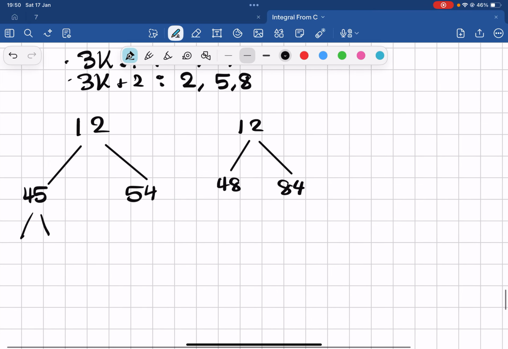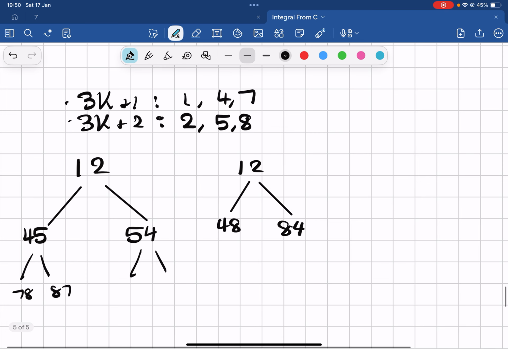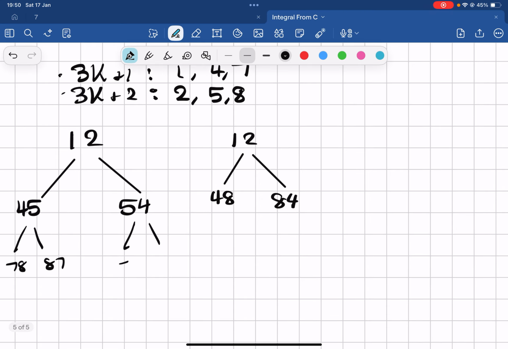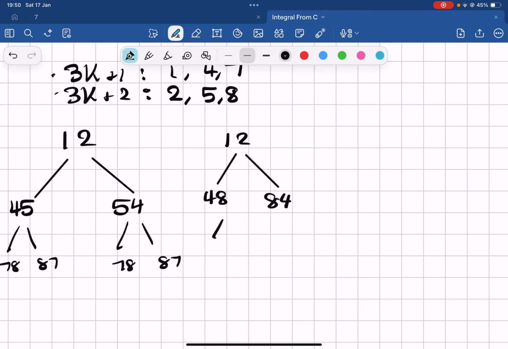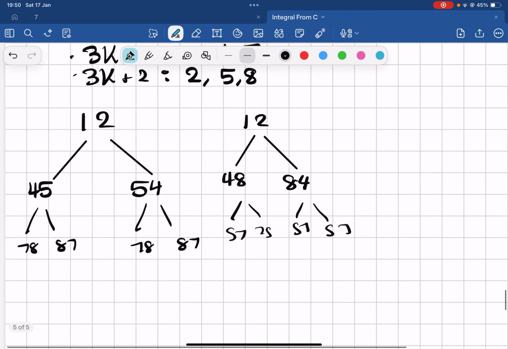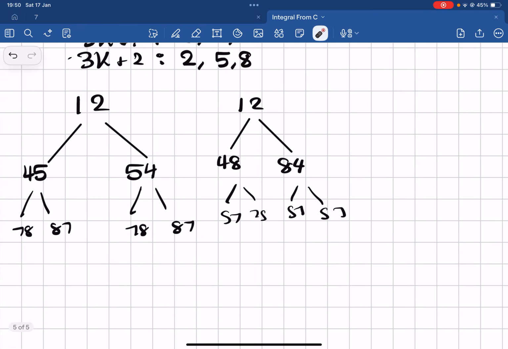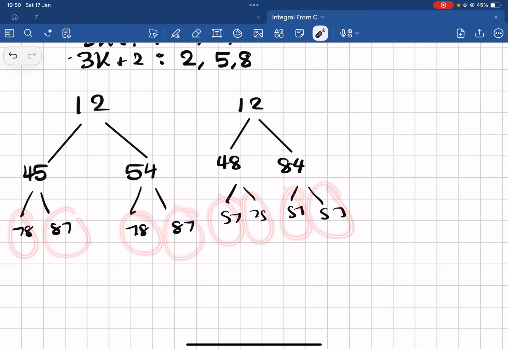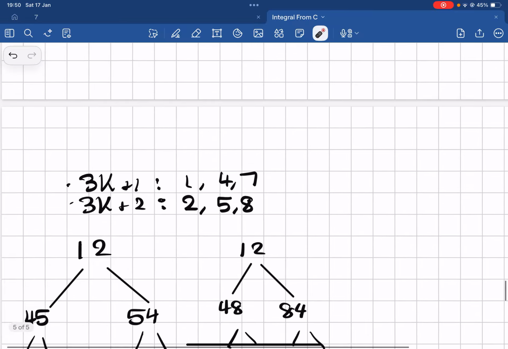From 45 we could have chosen 78 or 87. From 54 we could have chosen 78, 87. From 48 we could have chosen 57 and 75, and the same for 84. So if you look at how many combinations we've got, 1, 2, 3, 4, 5, 6, 7, 8. We've got 8 possible combinations, and that's just for the number 12.